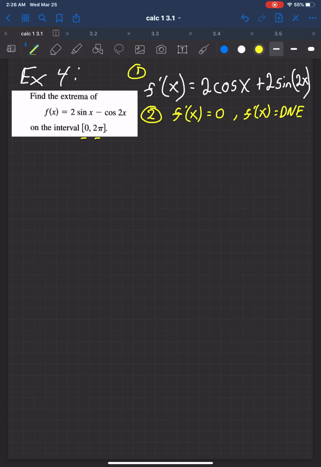Okay, so let's answer the latter. So look, cosines and sines, they are continuous throughout the entirety of their domain, right? There's no x value, no angle that you're not allowed to choose.